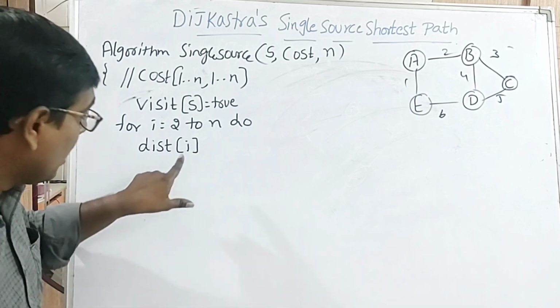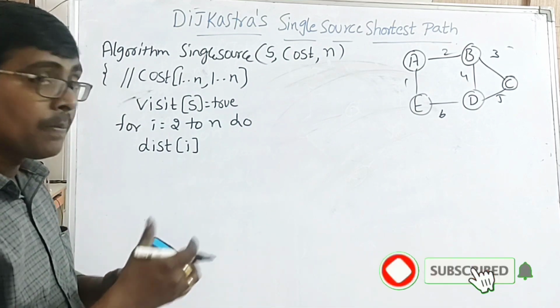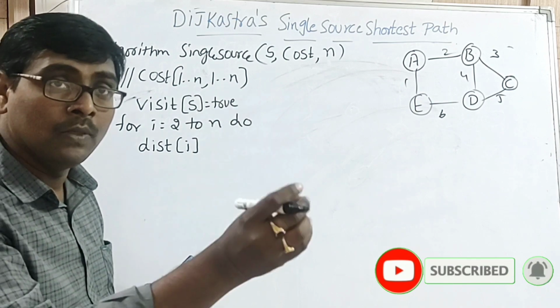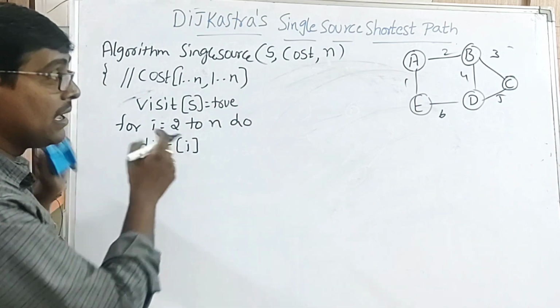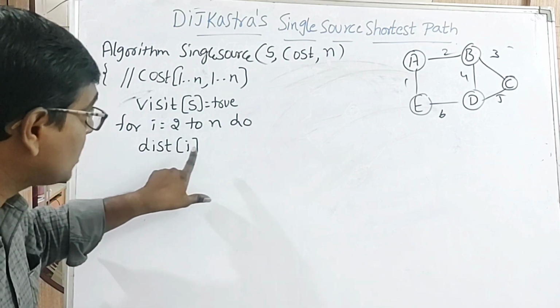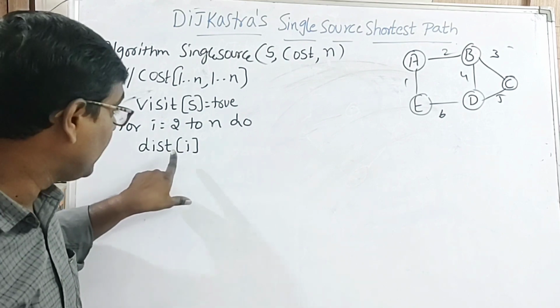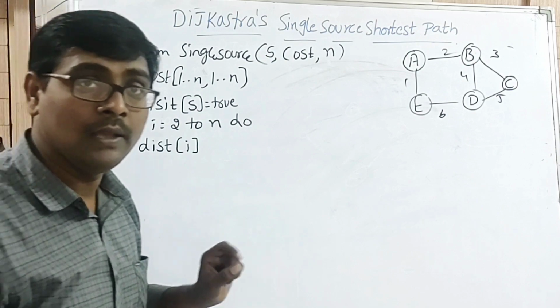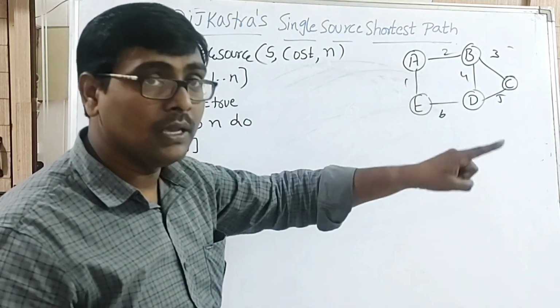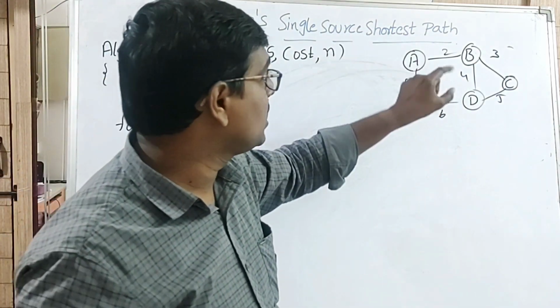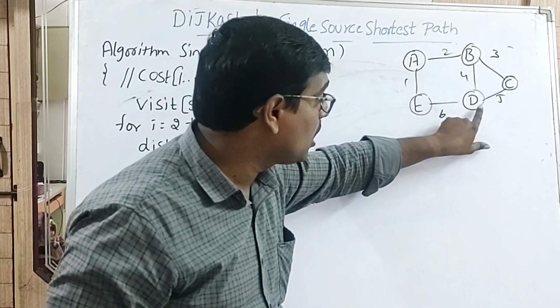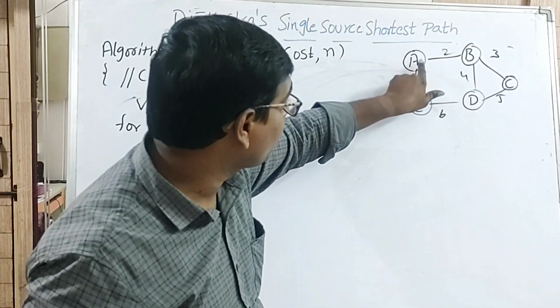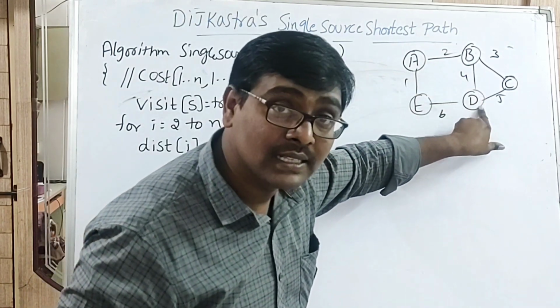It specifies the distance from the source vertex to vertex i. For example, DIST of B means the distance from the source vertex to vertex B, and DIST of D is the distance from the source vertex to vertex D.